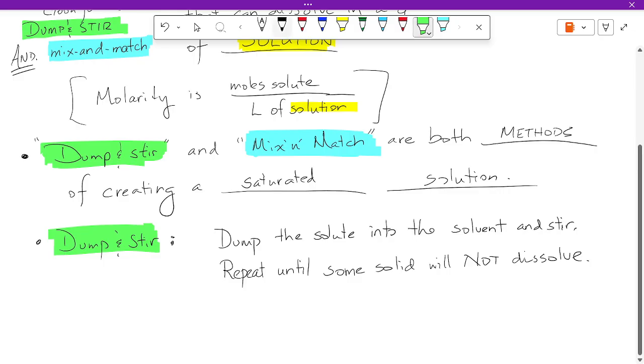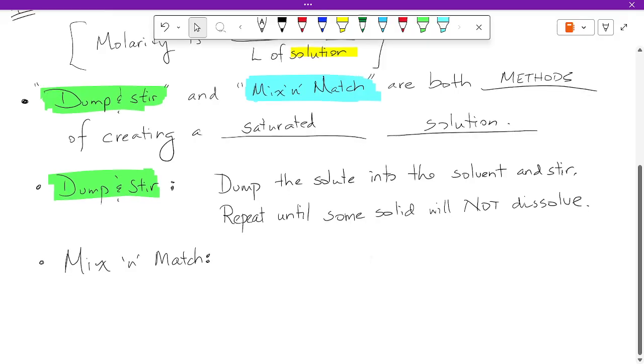Okay, let's do, describe to your partner, please, the mix and match method. This one is more complicated. Yeah, what are you mixing? What are you matching?